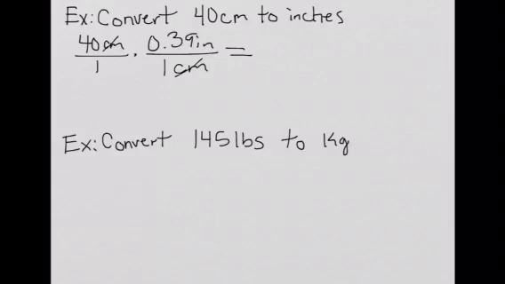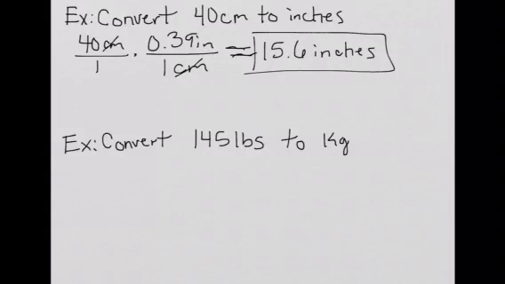So we get 40 times the 0.39, and whatever that gives us, that turns out to be approximately 15.6. Since we approximated, we're going to use approximately. We're in terms of inches now. Please do not forget to include your units. So 15.6 inches is approximately 40 centimeters.